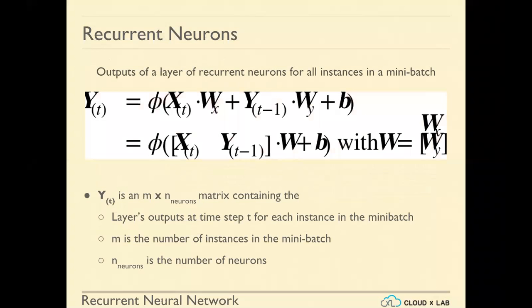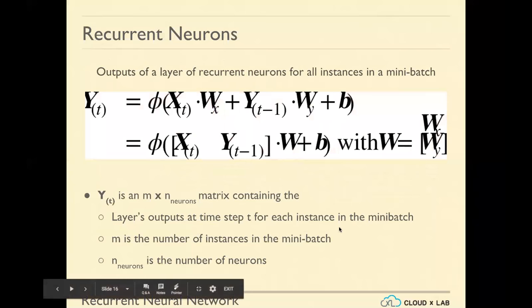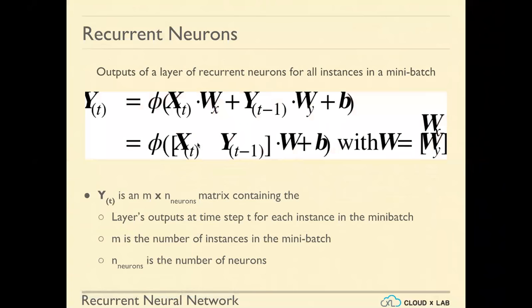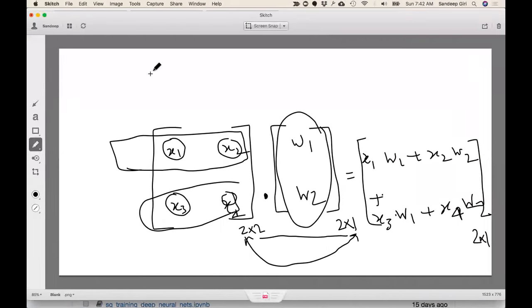Okay, so YT is an n cross n neurons matrix containing the layer's output at time t for each instance in the mini batch. An important part to know is what happens while we are feeding x. Let me represent x like this. x is going to have feature 1, feature 2, as well as a number of records in each of the features.